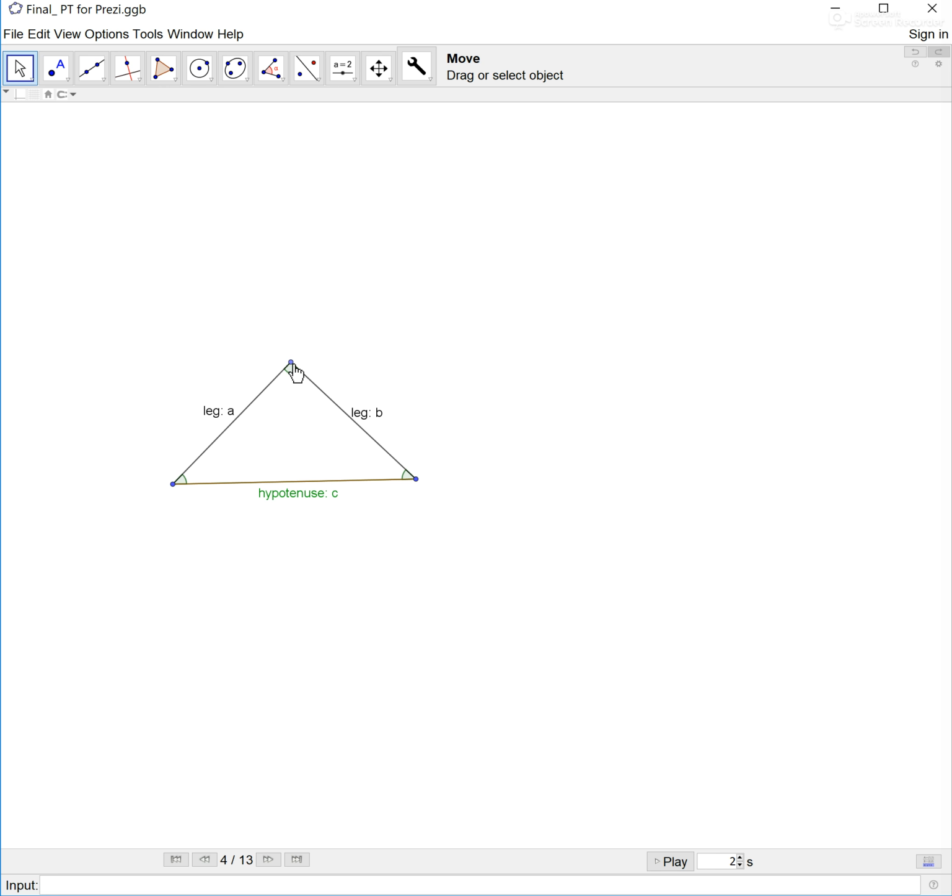So when we think about the squares, a squared would be a times a, b squared would be b times b. And to do that, we use a visual representation of our squares. So a and a, meaning we have a squared plus b squared equals c squared.